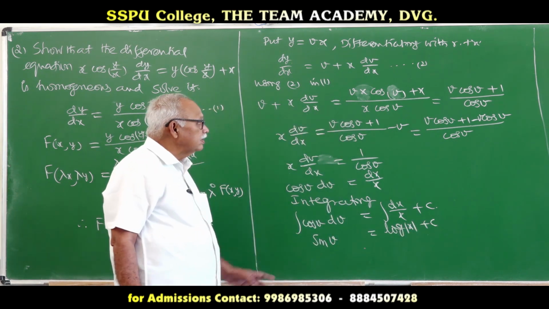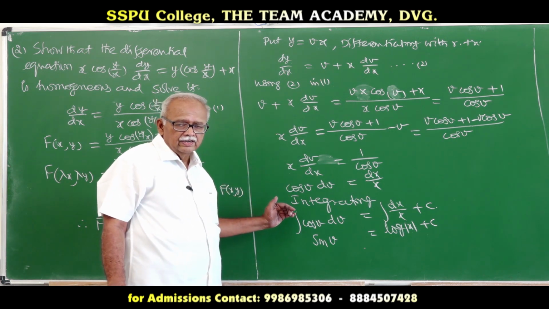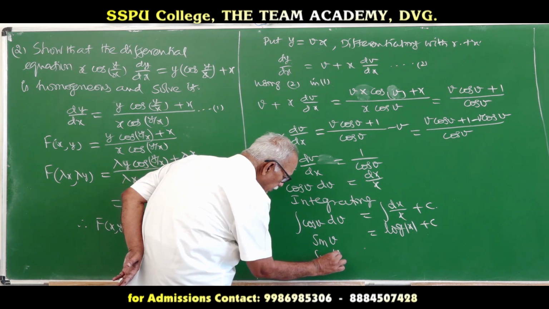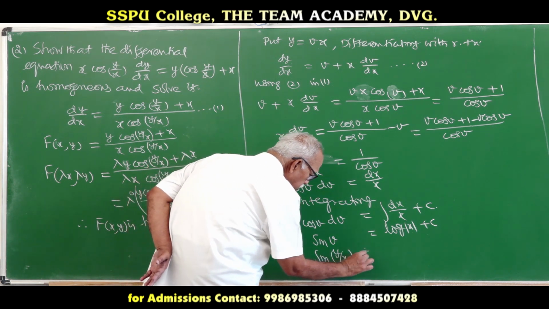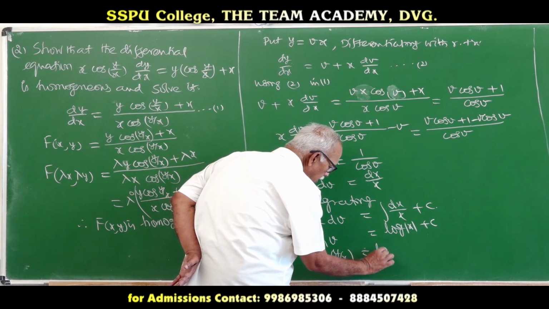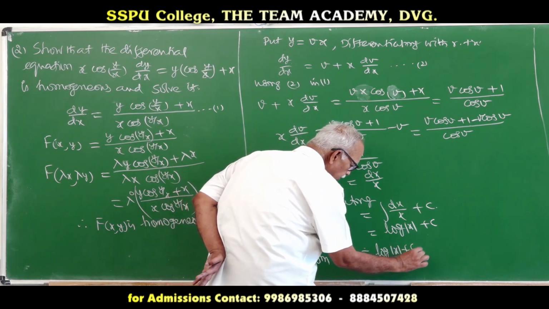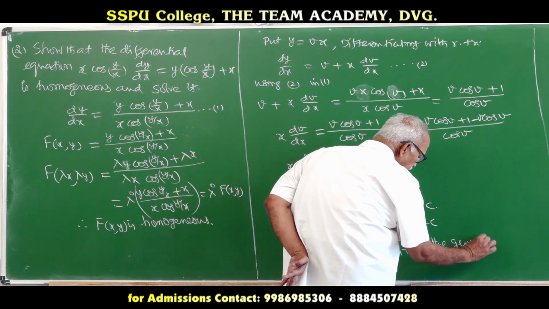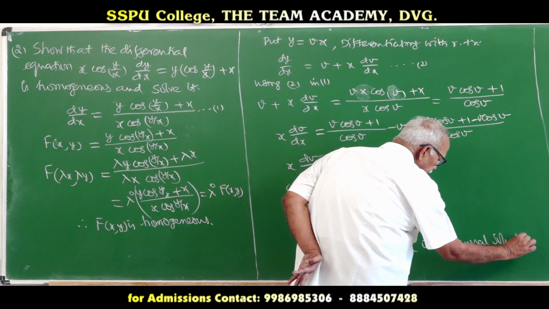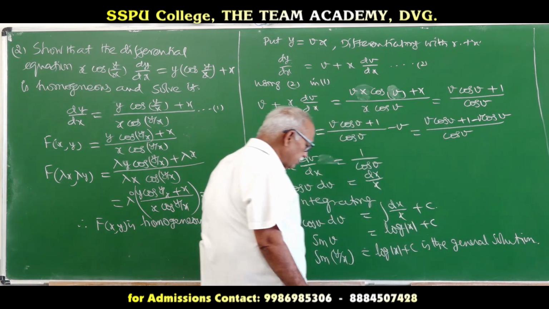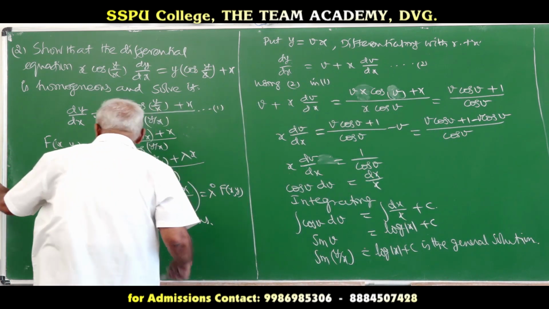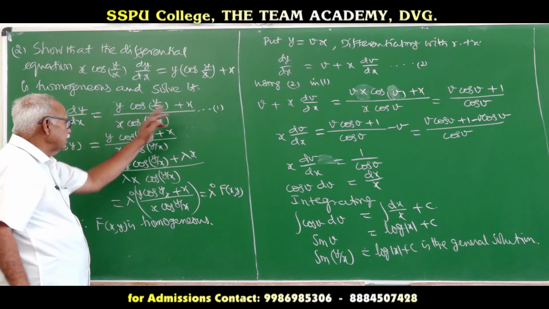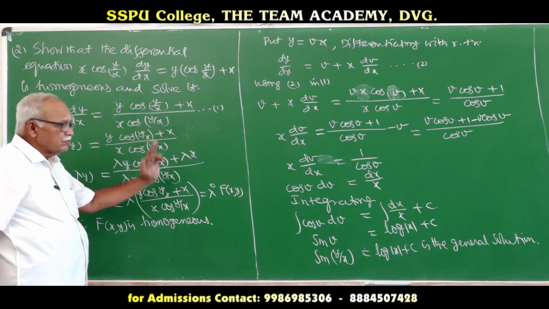So, very simple integration this is. Now, we can write sin of y by x is equal to log mod x plus c, is the general solution for the differential equation dy by dx is equal to y cos y by x plus x divided by x into cos y by x.